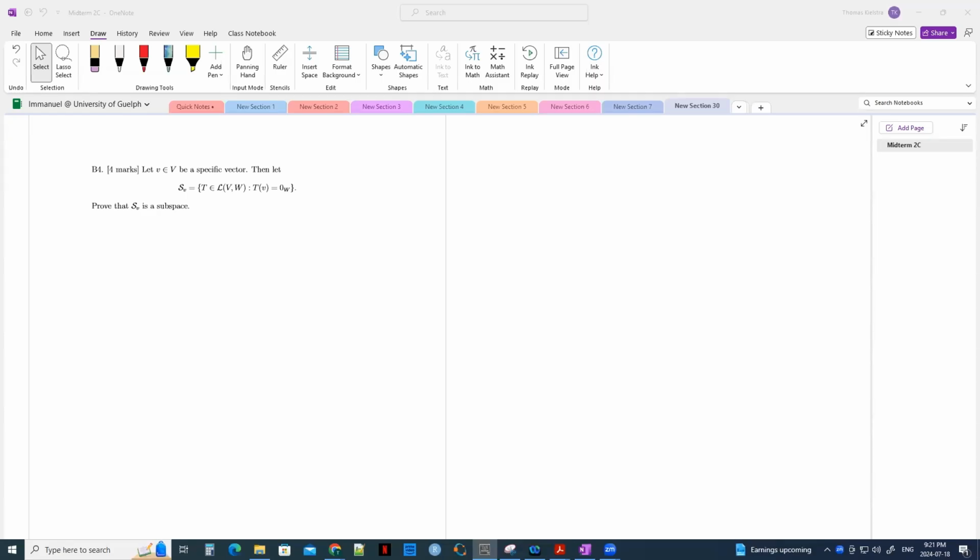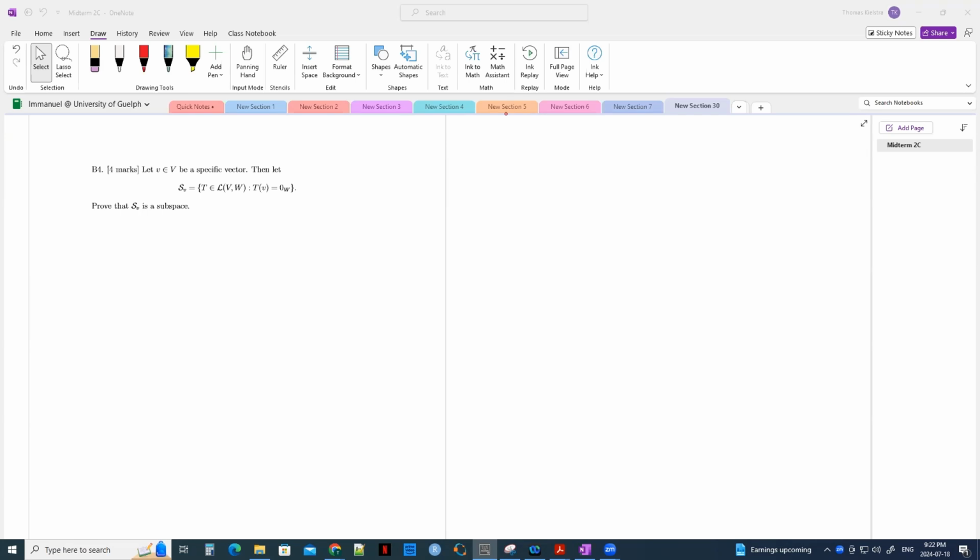So this question, we are looking at a situation where we have a vector v in a vector space V, and we're looking at this S_v, which whenever we say S_v equals something, we've got to see what that is. It's the set of linear transformations from V to W, where T(v) equals 0.